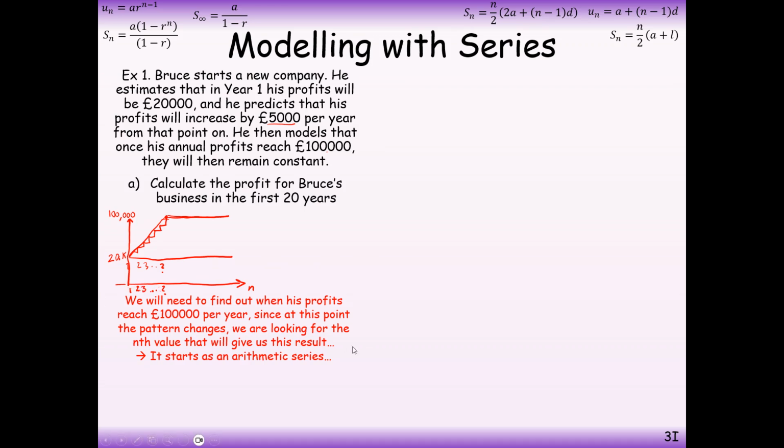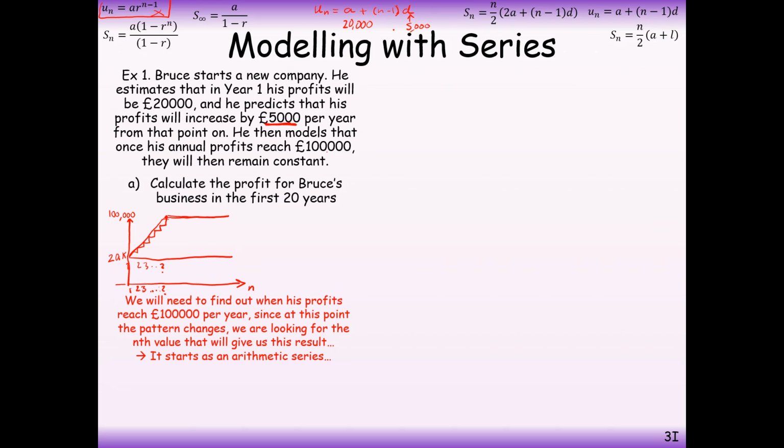So what we're going to do is use the nth term formula for an arithmetic sequence, which is u_n = a + (n − 1)d. We know a is £20,000, and d, the common difference, is £5,000.